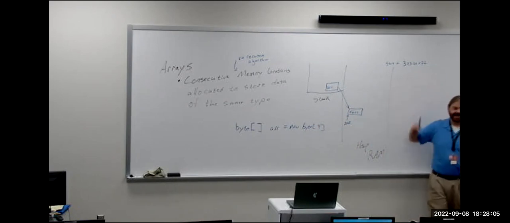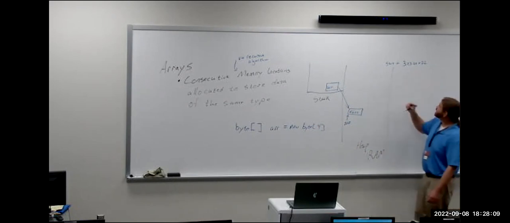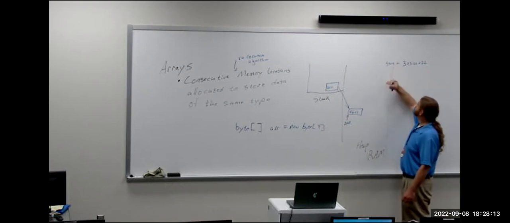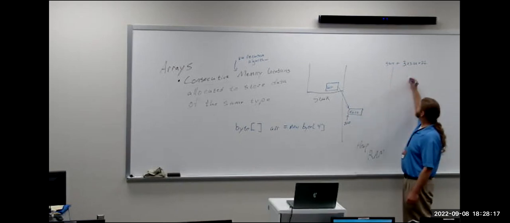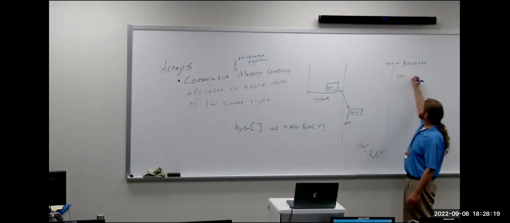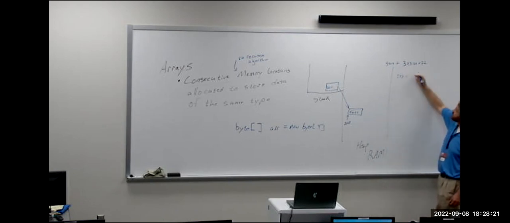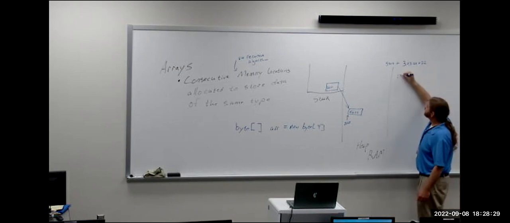I just made up the recursive thing there. So element 0 starts at 100 plus 3 times the size, so 3 times 8 would be 24 plus another 22 will give us 46.